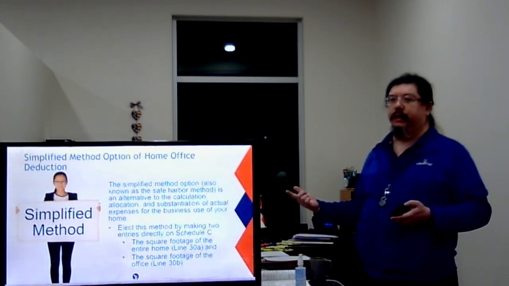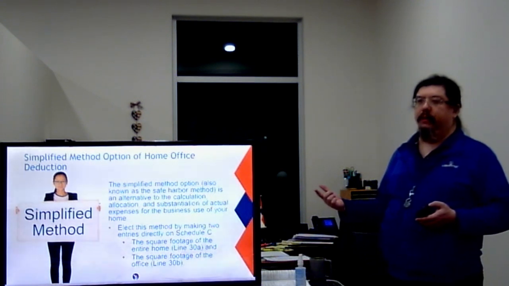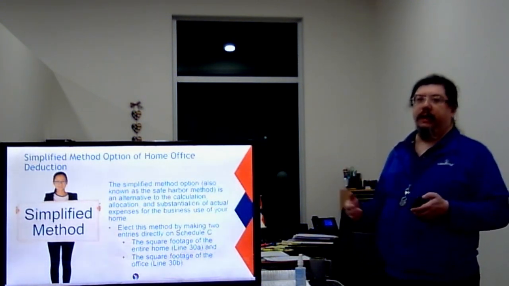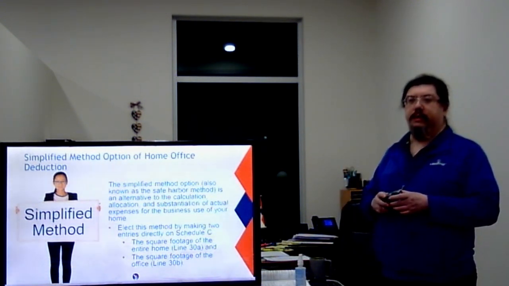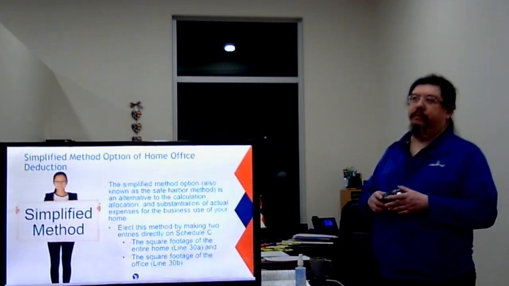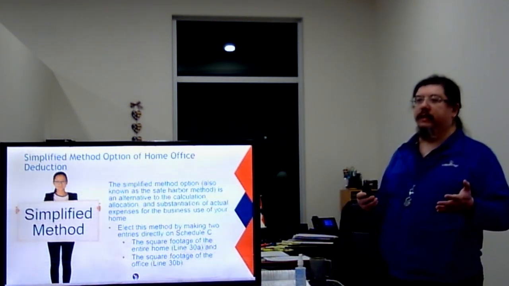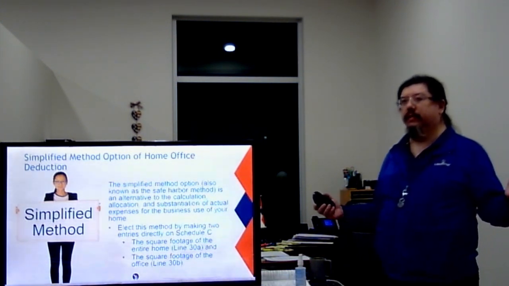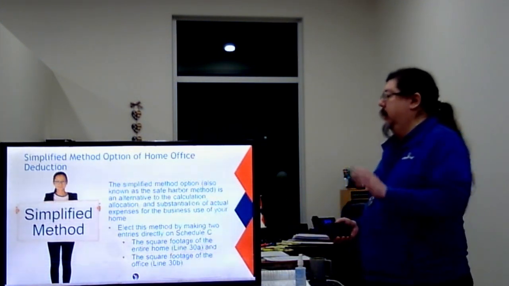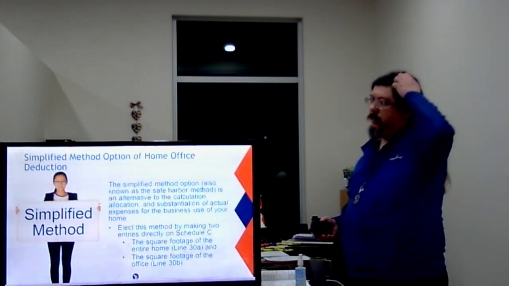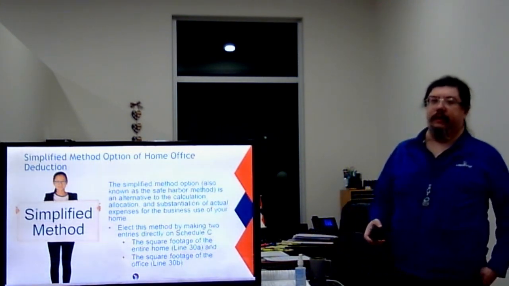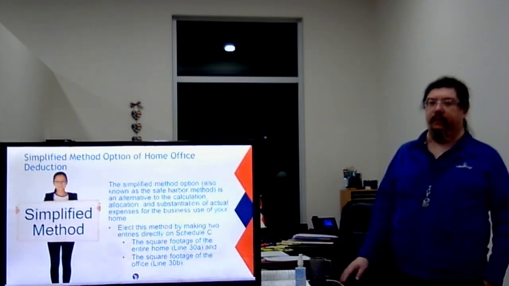You don't pay rent, so you can't take part of the rent. And really the square footage calculation doesn't make that much sense because you would divide that part of your bedroom by the whole area of your bedroom, or would it be the whole house? So maybe you would take the simplified method if you're living in a home you don't own or you don't pay rent for.